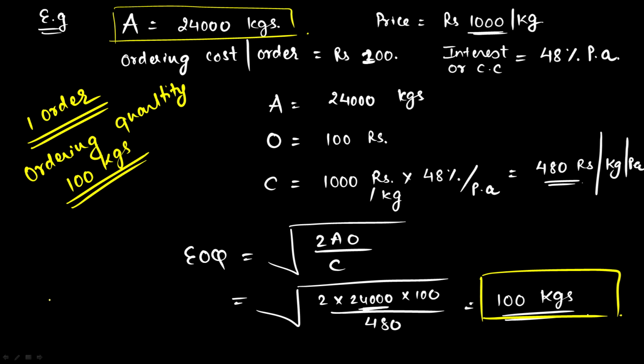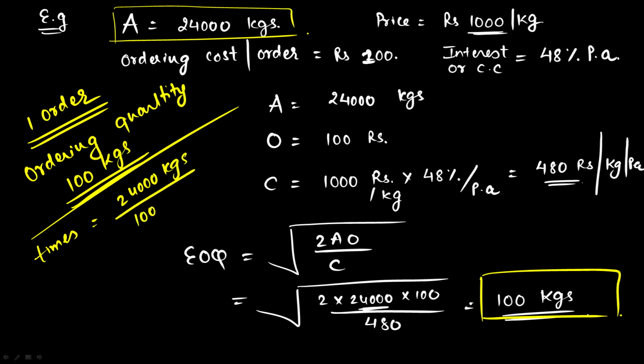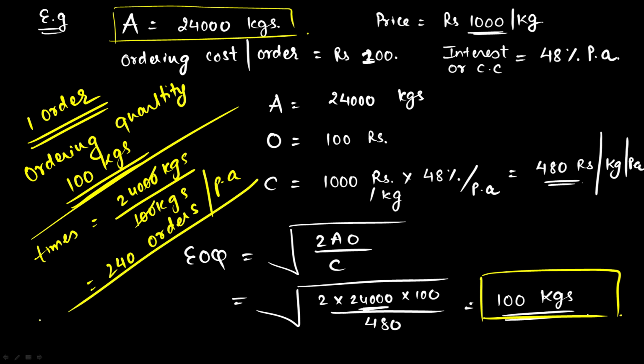So how many times in a year? Can you tell me the number of orders, or how many times in a year you will be ordering? It is 24,000 kgs you want, divided by 100 kgs you are ordering every time. It will be 240 orders per annum.